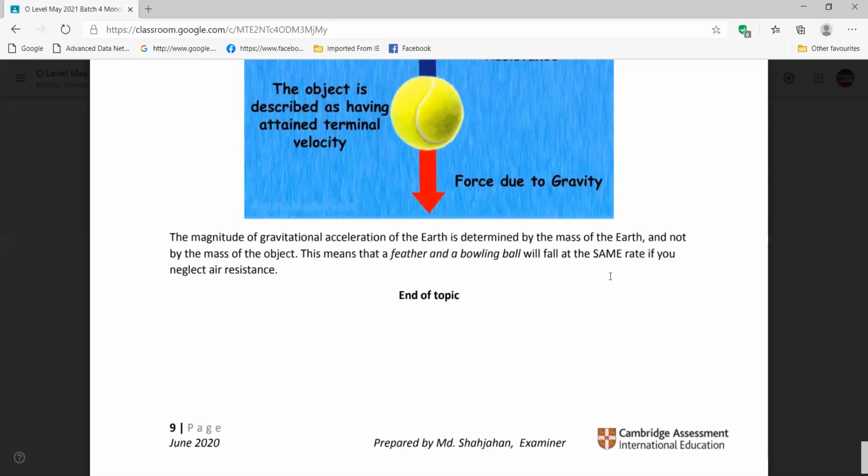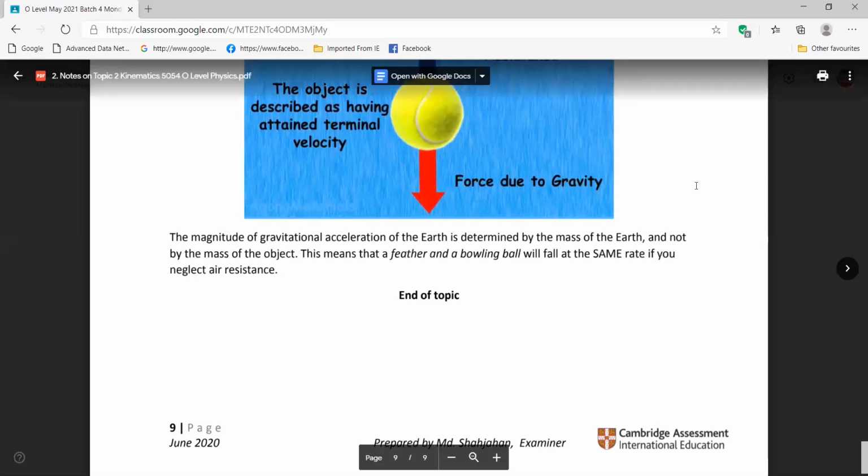Okay, and mass is coming from this formula. You know, rho equals m by v, right? Yes, sir. So your mass is coming from the density of the material available in the earth and its volume.